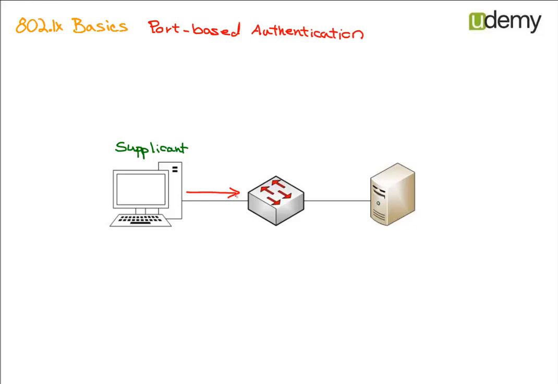our network access device, or NAD, which could be a switch in a wired network or a wireless LAN controller or wireless access point in wireless networks, as an authenticator, stops the user and says, hey, stop.